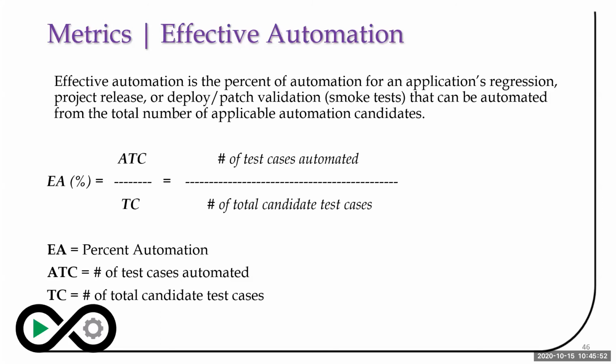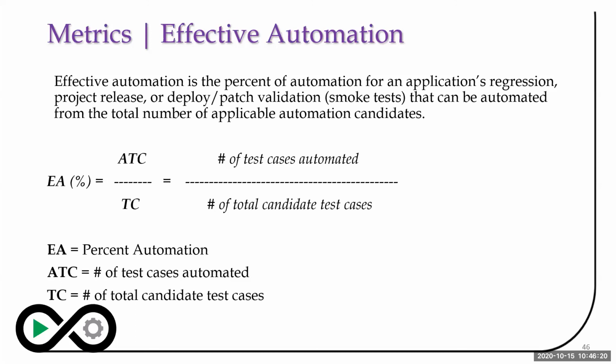Another is the effective automation. We take a look at all of the examples that we've created for that user story, and we want to take a look at the number of cases that have been automated over the candidate test cases. Because again, not every example can be or should be automated, but we want to at least capture what degree of coverage we have over the candidate test cases.